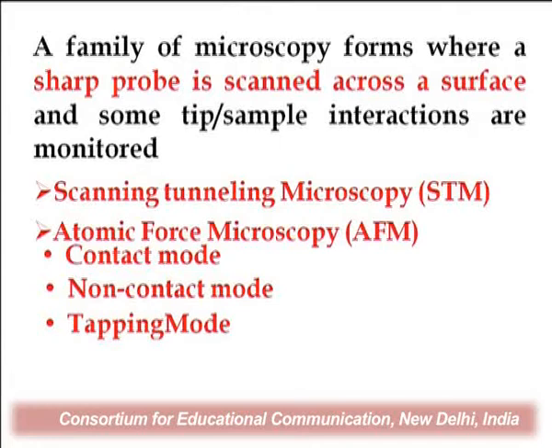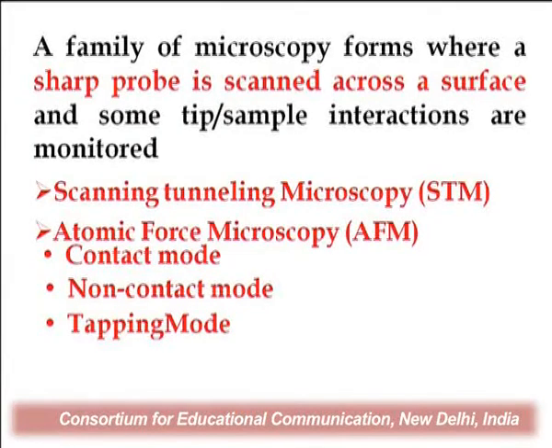In both methods, for characterizing the nanomaterial, we use the probe. Atomic force microscopy again works in three modes: one is the contact mode, second is the non-contact mode, and third is the tapping mode. These two methods, STM and AFM respectively, are very important for characterization through scanning probe microscopy.